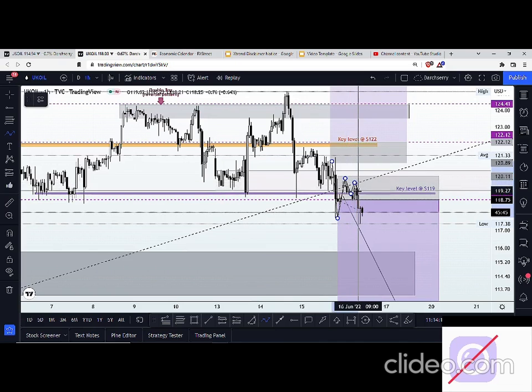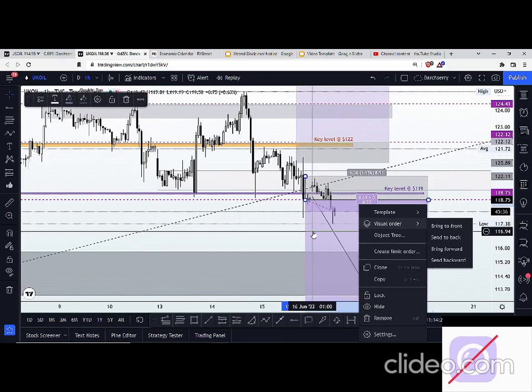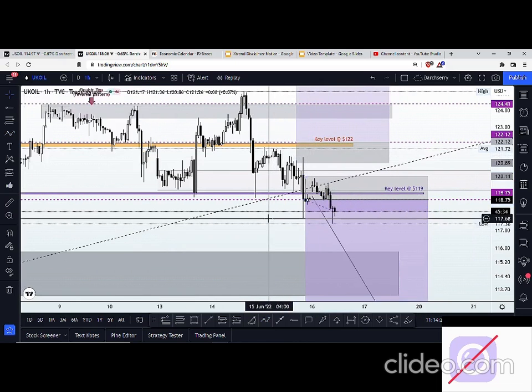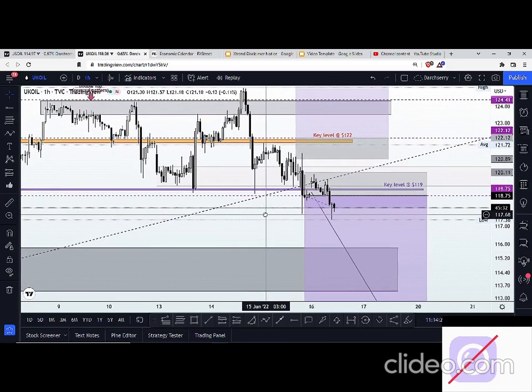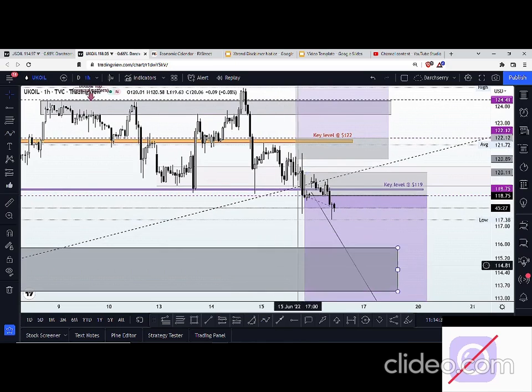Then we saw price come down as far as $117.33. So if you had been following the setup, definitely you must have taken the bearish position that we have here.